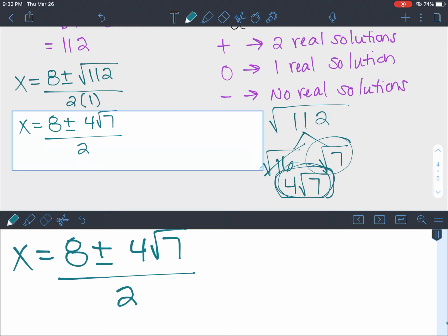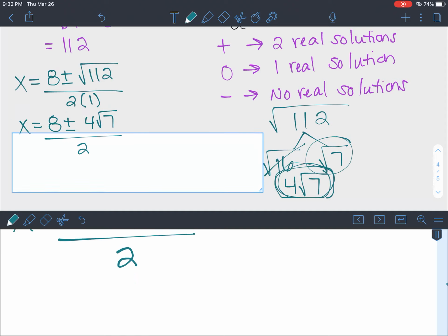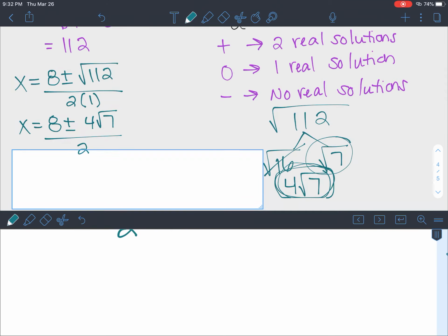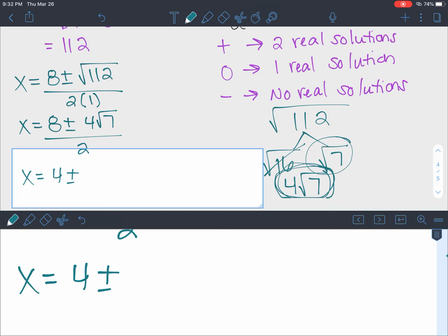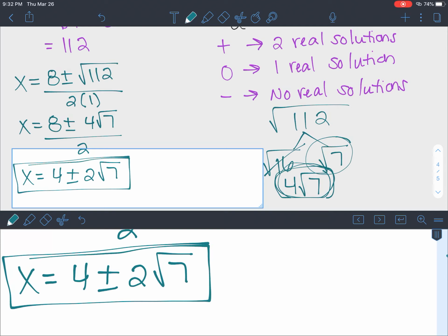Last step is to think if there's any more simplification that I can do. 8, 4, and 2 all have something in common, which is the number 2. So we're going to take a 2 out of everything. If I take a 2 out of 8, I am left with 4. If I take a 2 out of 4, I am left with 2. So our final answer here should be 4 plus or minus 2 square root of 7.